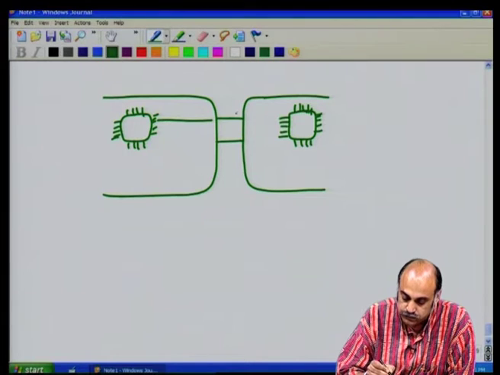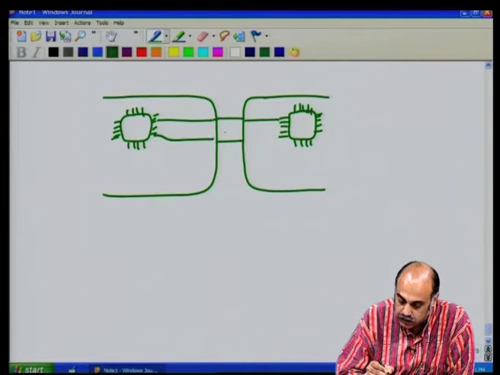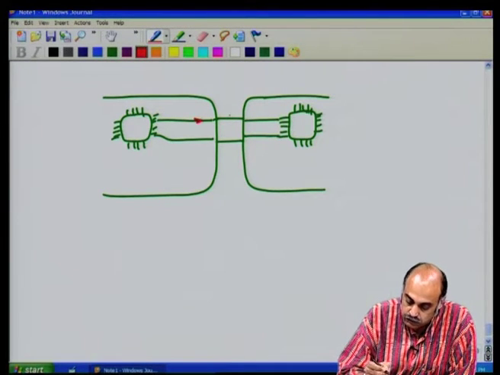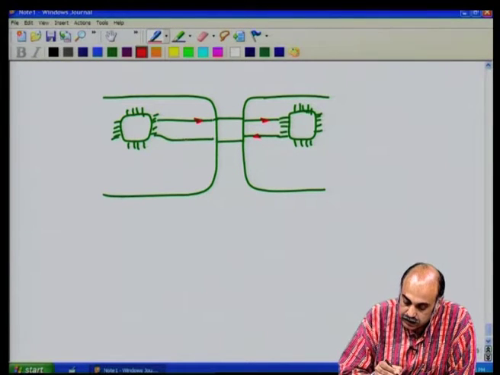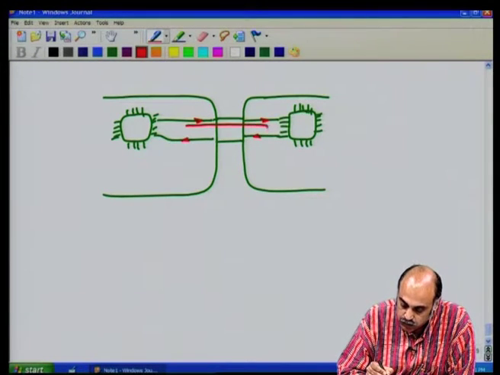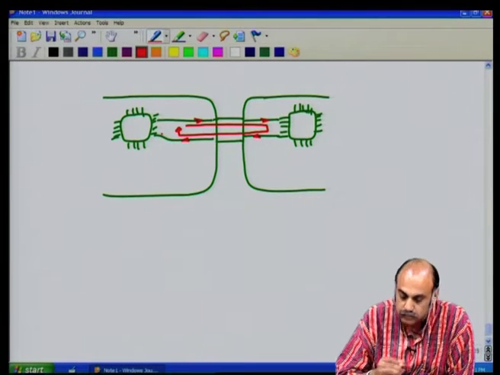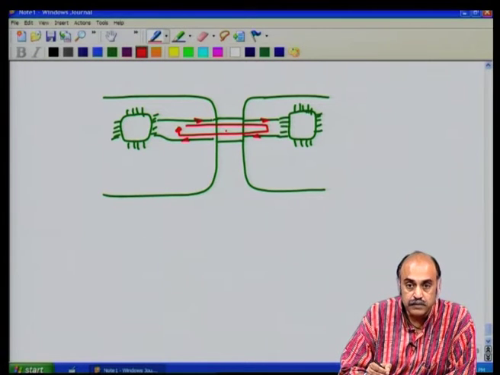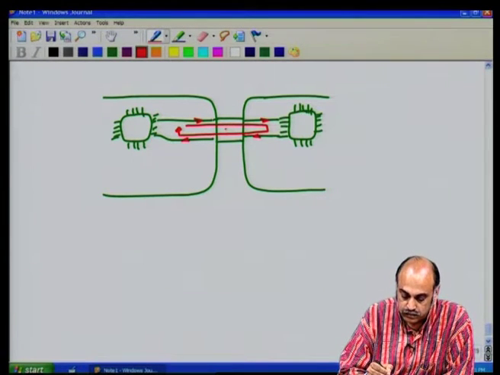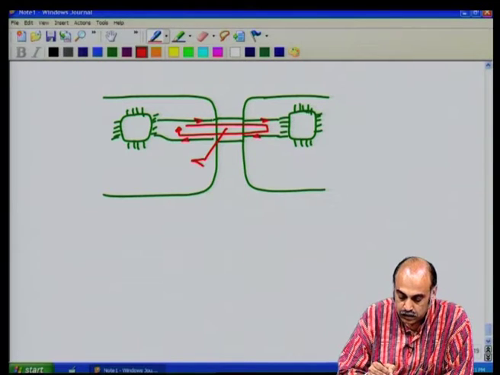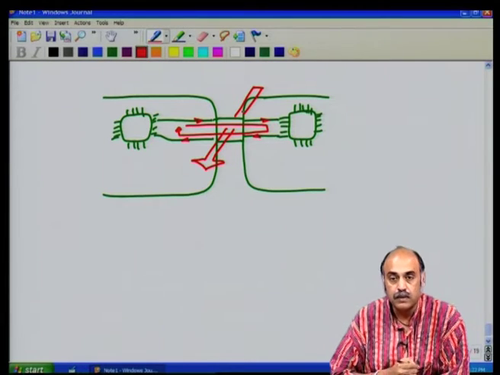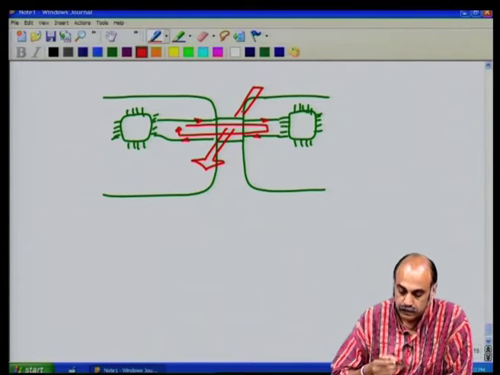Now, you have the line going from here to here and the return line which we expect to go from here to here, which means that you have a path which goes like this and the return path. This forms a loop. Now, this loop can radiate and link with other loops.